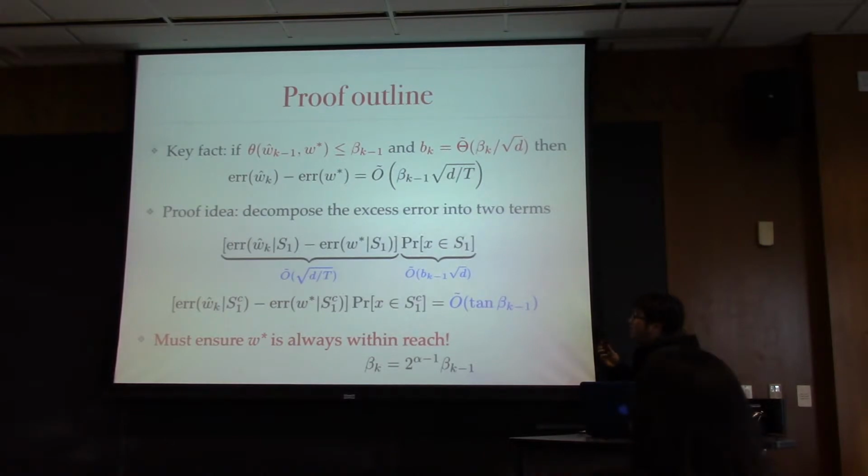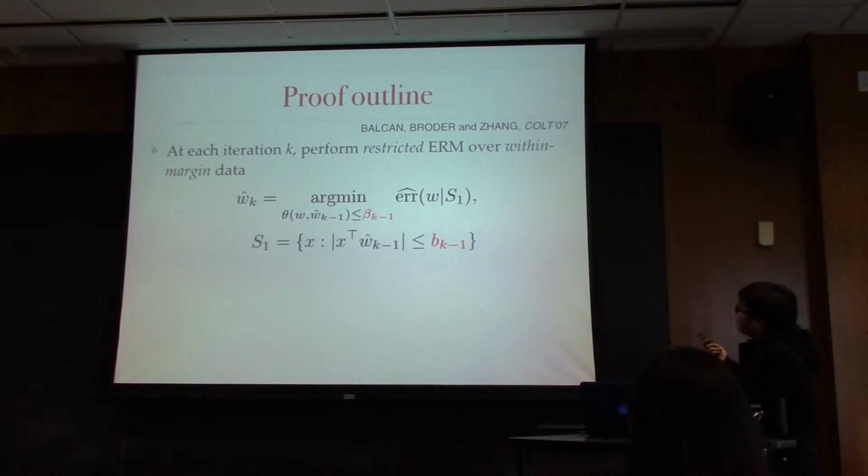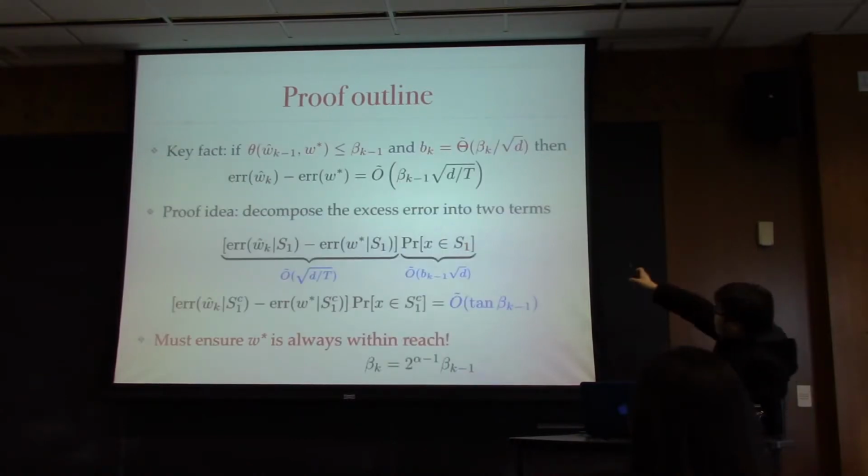You can imagine for these data points, both w_k-hat and w star are very confident of the labels, so there will be a small amount of error for data points outside of this margin. Combining these two terms, one can get the excess error for each iteration of the margin-based active learning algorithm.